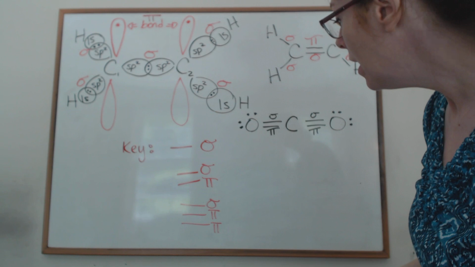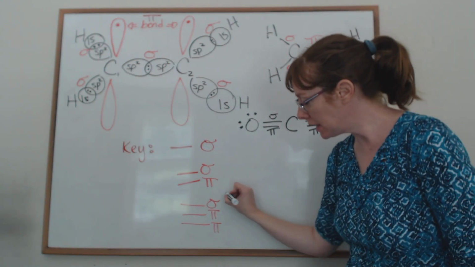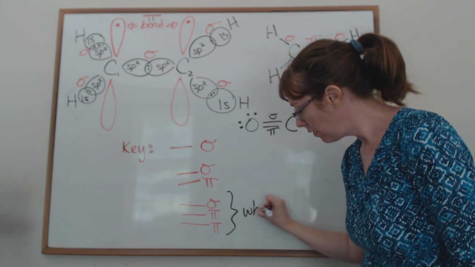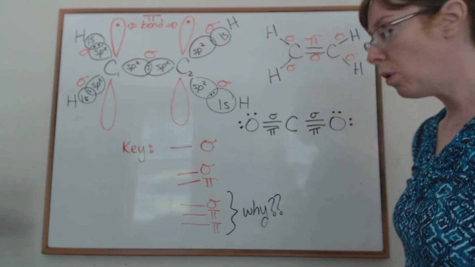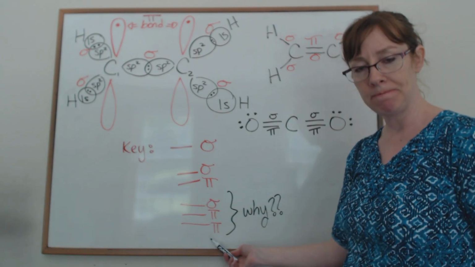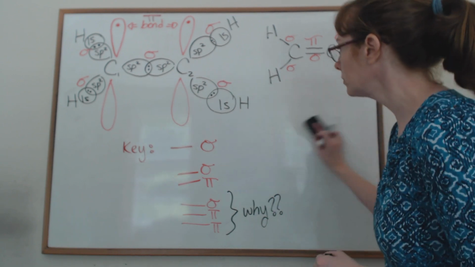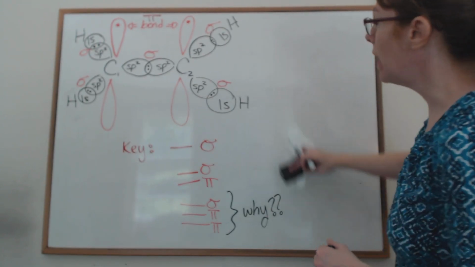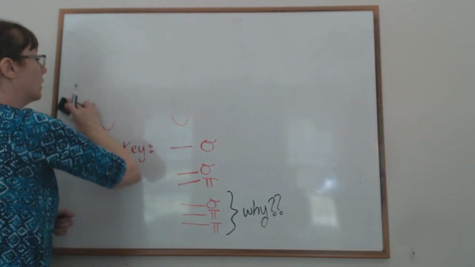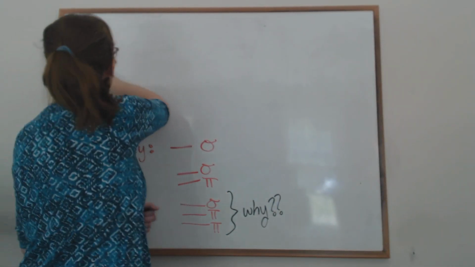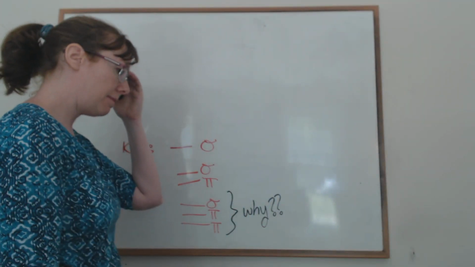Now, the last thing I'd like to say is why. Why in a triple bond is there 1 sigma and 2 pi's? Let me go ahead and see if I can explain this. Let me think here for a second.